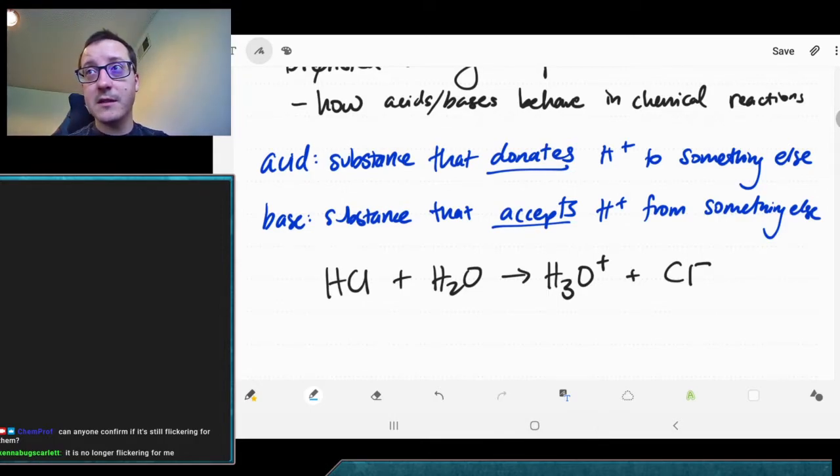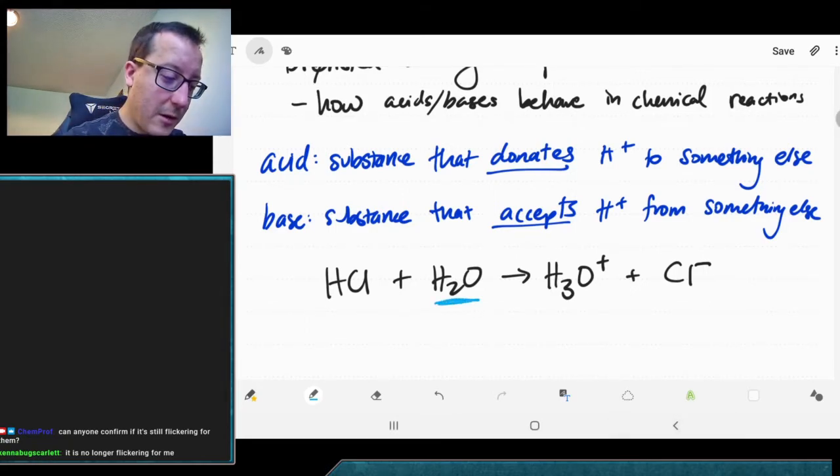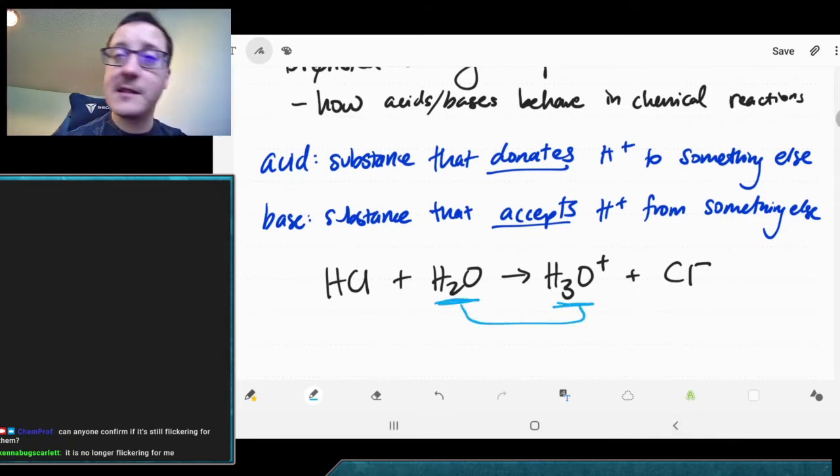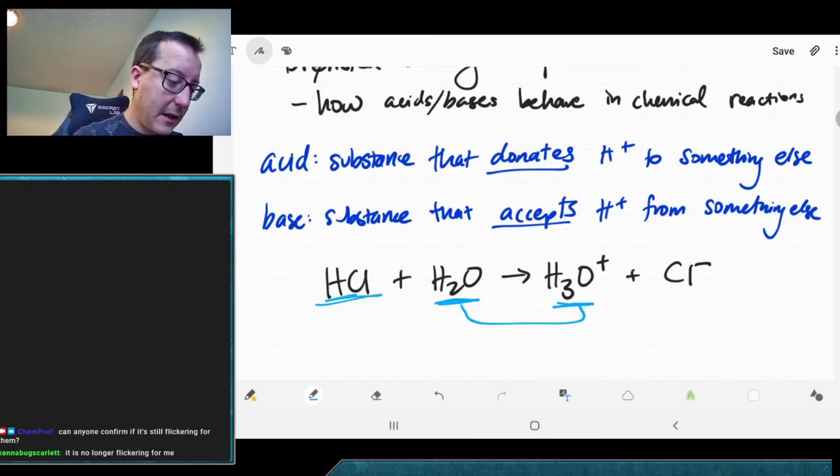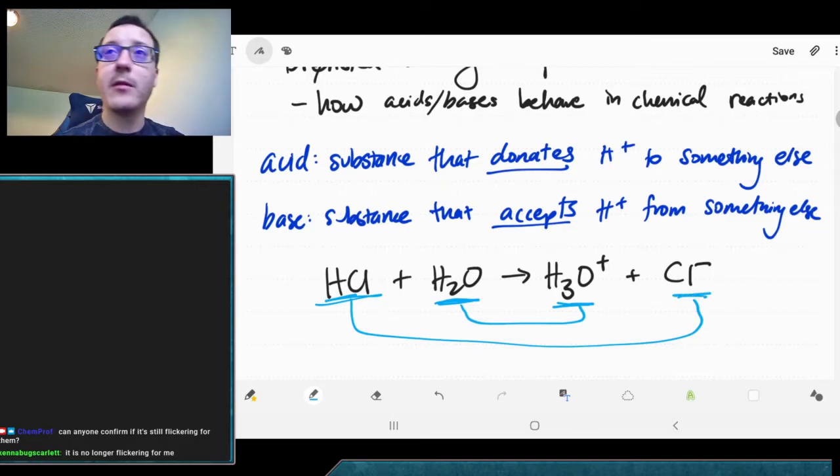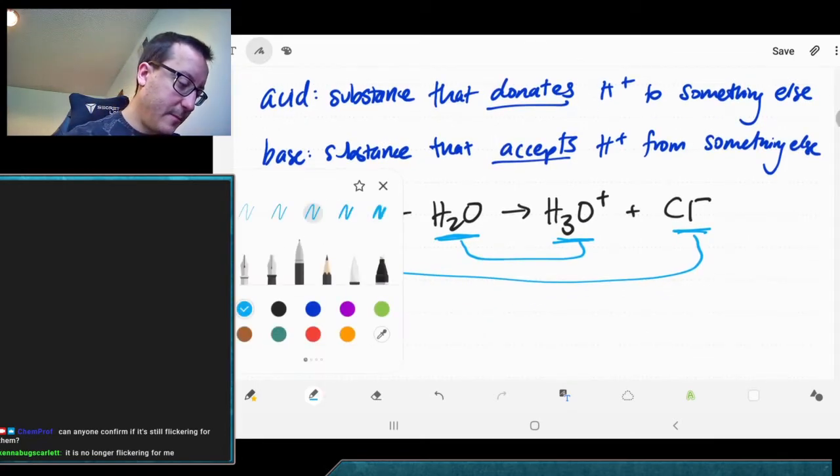They're making pairs, right? The water is very similar to the hydronium, and the HCl is similar to the chloride. The only thing that's different is the H's.